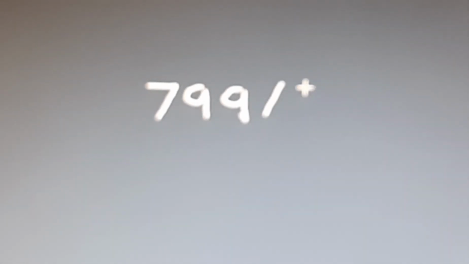799 divided by 5. Your figure will be: double of 9 is 18. You have to put 8 here and the carry forward number will come here. Double of 9 is 18 plus 1, 19.